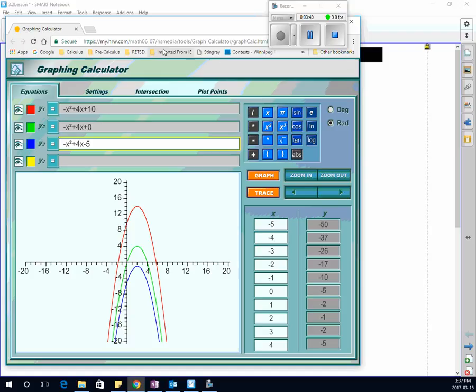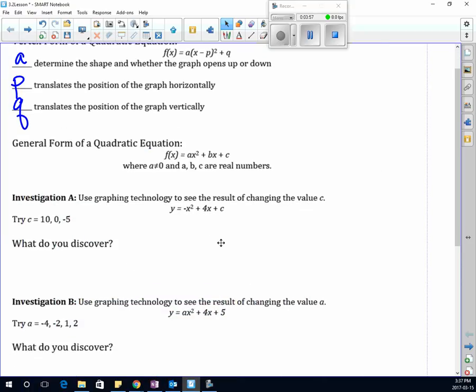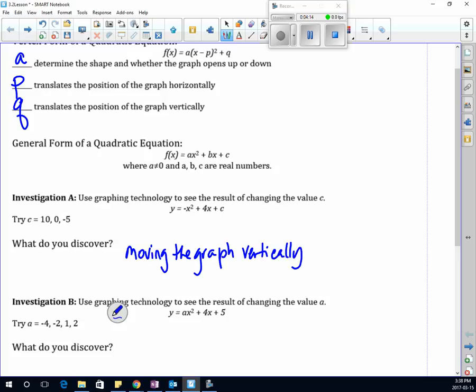So it does actually change the graph more than you think. So what do you discover? We could say the c is moving the graph vertically, up or down, depending on what it was. And the other thing we discovered was the c was equal to the y-intercept in that form.